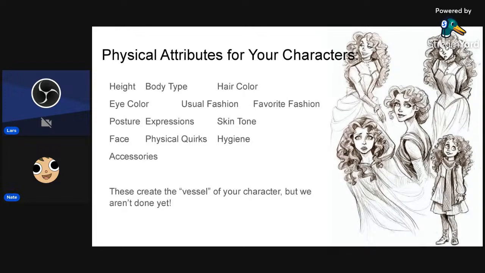You've got hair color, you've got eye color, and I include right here usual and favorite fashion. So how does someone usually dress as opposed to how they would really want to dress? Because people normally have to dress a certain way for work or for school, but then when they get to be home or do the things that they really like to do, maybe they become more goth, maybe they become more jock, maybe they don't wear anything.